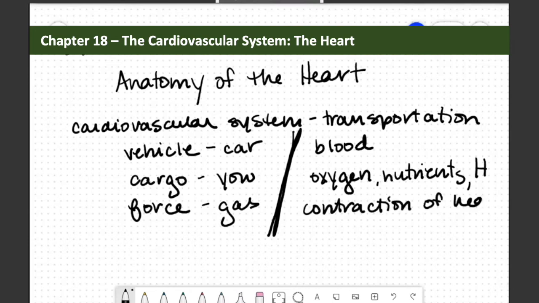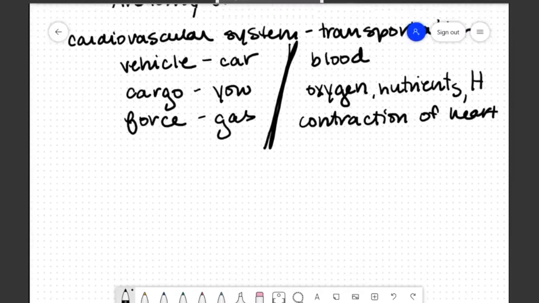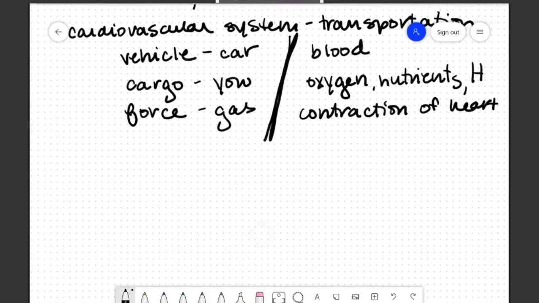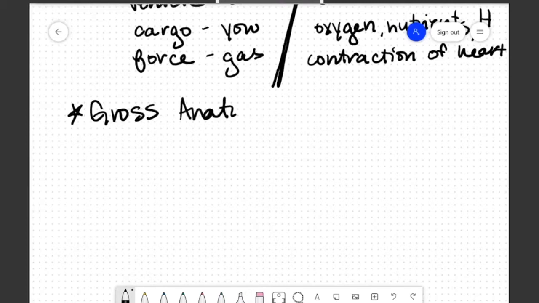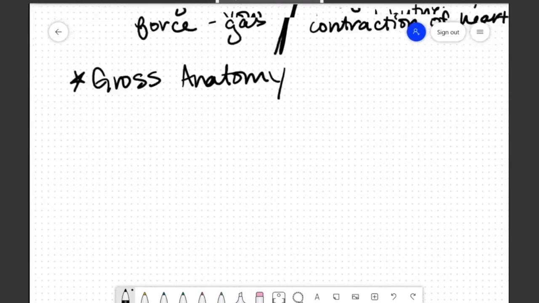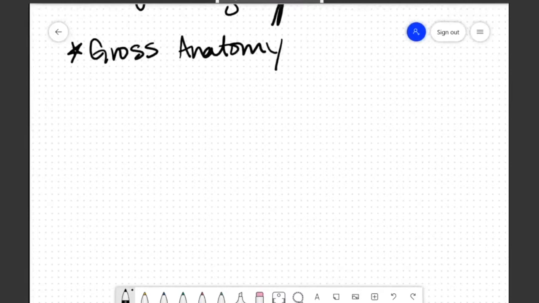So if we have our heart, and it is the force behind our cardiovascular system, we're going to break down how that actually works. We're going to start with the gross anatomy of the heart. Gross anatomy, again, remains what you can see with the naked eye.